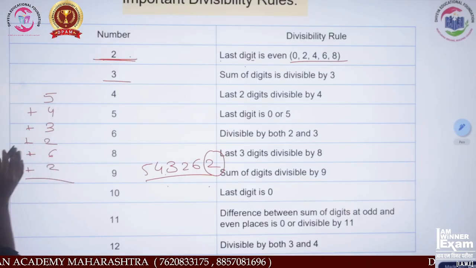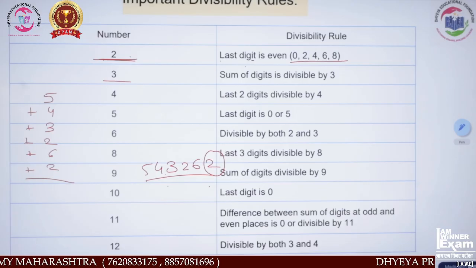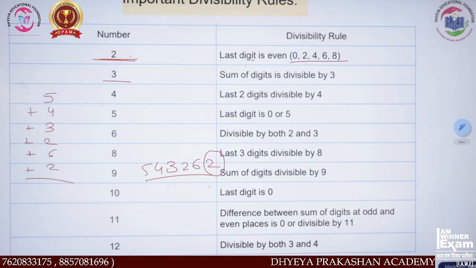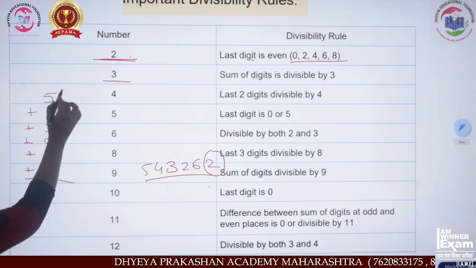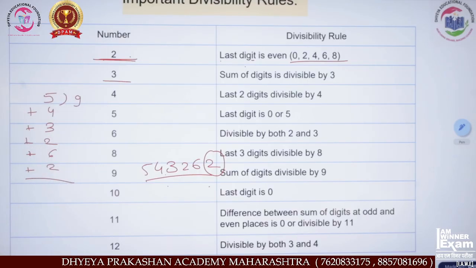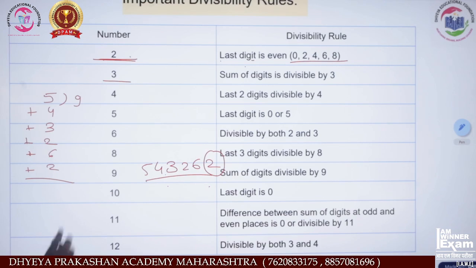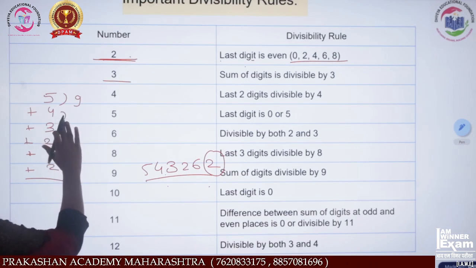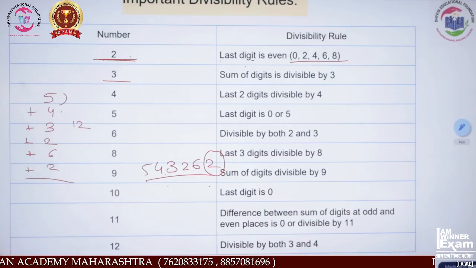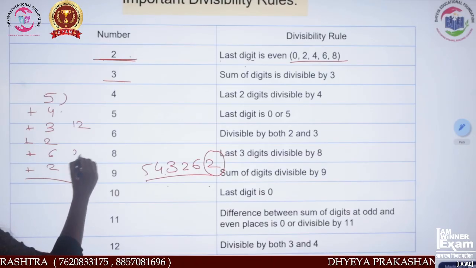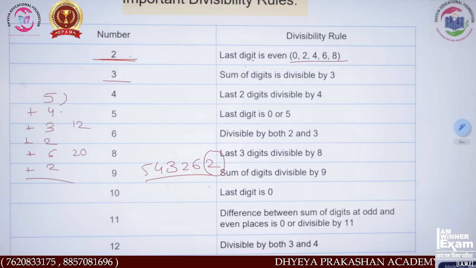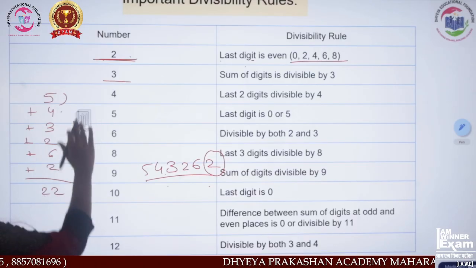So what is 5 plus 4? That is 9, and then 9 plus 3 is 12. Then 12 plus 2 is 14. 14 plus 6 is 20. 20 plus 2 gives the answer 22.